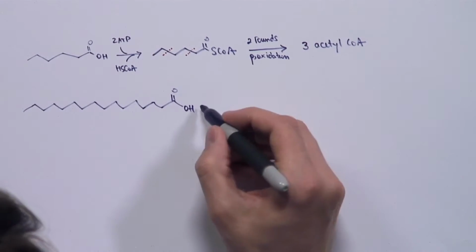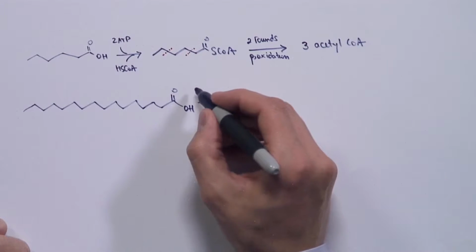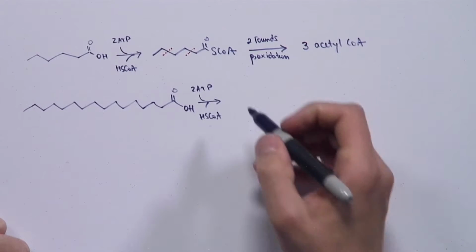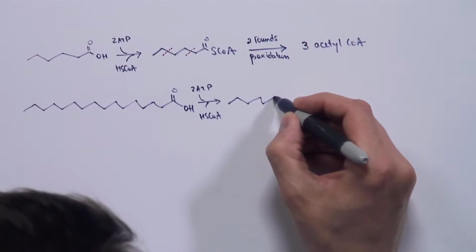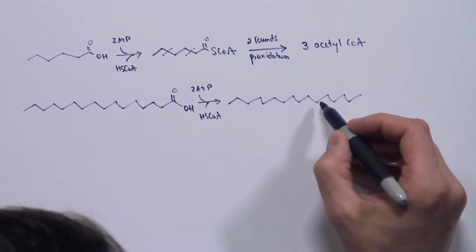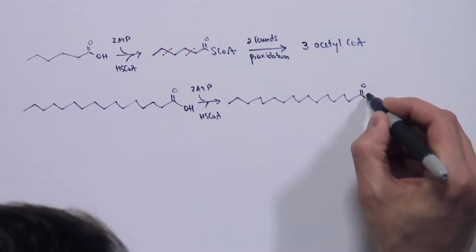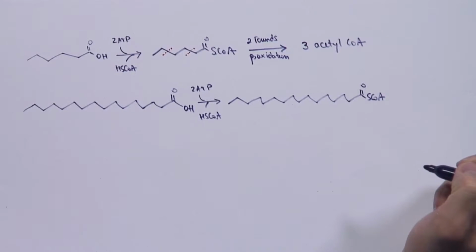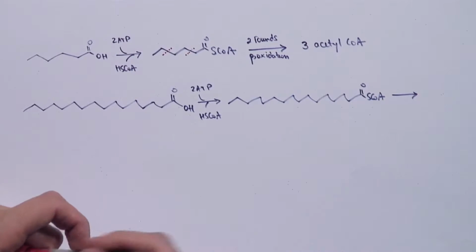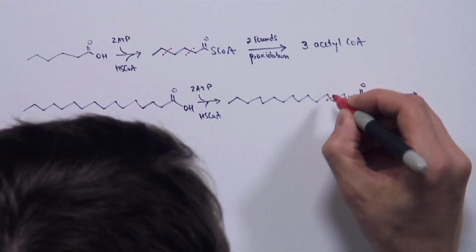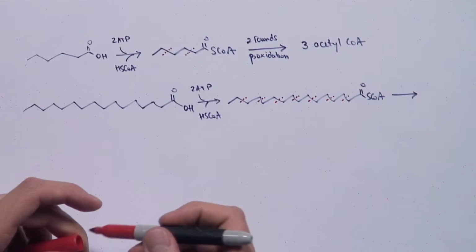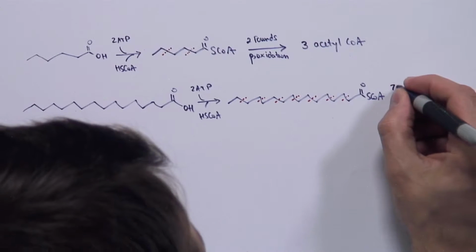All right, it's going to first activate it, 2 molecules of ATP and coenzyme A to form the thioester with 16 carbons, and this will undergo beta oxidation, and we're going to do it 1, 2, 3, 4, 5, 6, 7 times. Okay, so 7 rounds of beta oxidation.